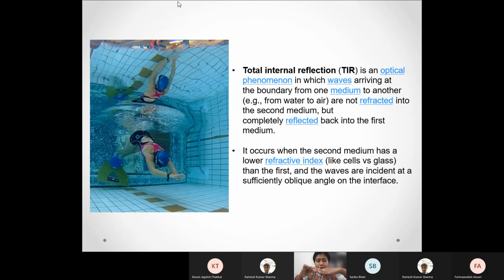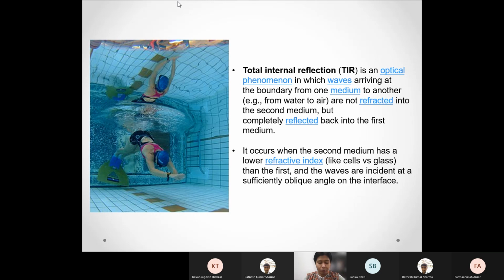So from this boundary, if you start moving towards the air side now, the evanescent wave intensity falls exponentially. Because of this exponential fall, you will only be able to use this evanescent wave to excite molecules which are very close to the boundary.